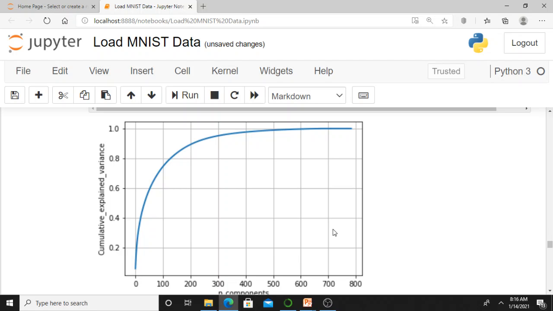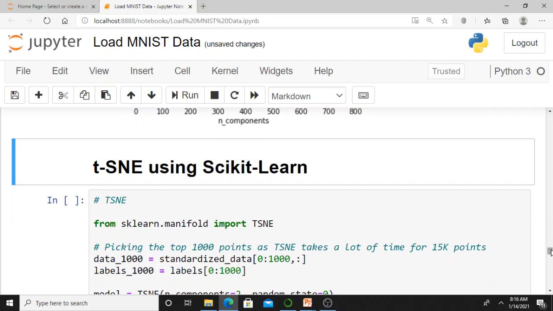This is my last lecture on principal component analysis. In my next lecture I will start the discussion on t-SNE. It is one of the beautiful techniques, and t-SNE has many advantages compared to principal component analysis.